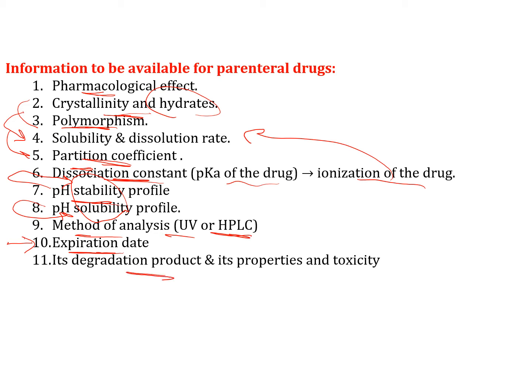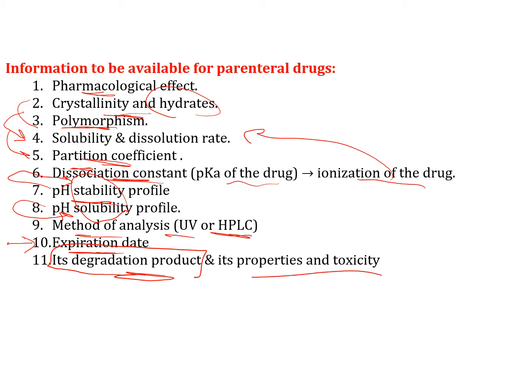One more thing is the degradation product of the active ingredient. The active ingredient after degradation may lead to formation of a toxic or non-toxic substance; the degradation product is effective or non-effective, or it has certain activity.